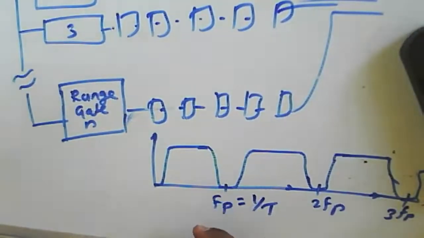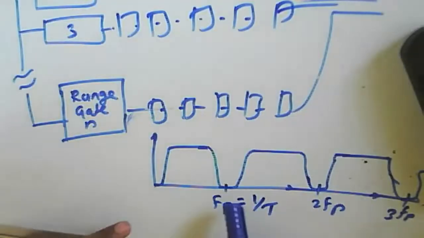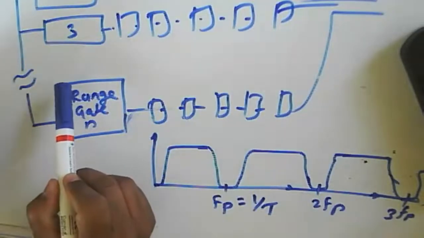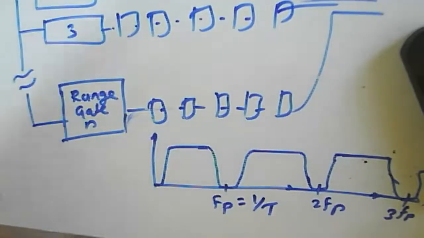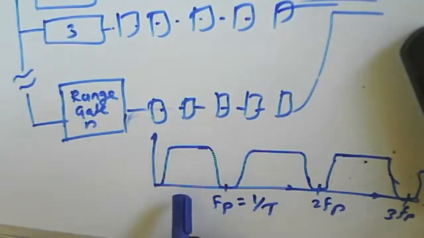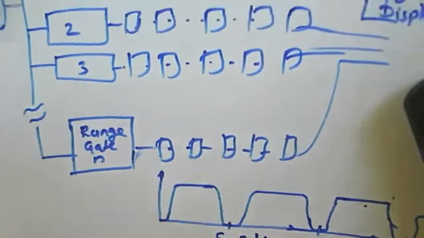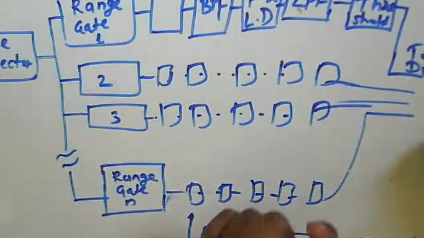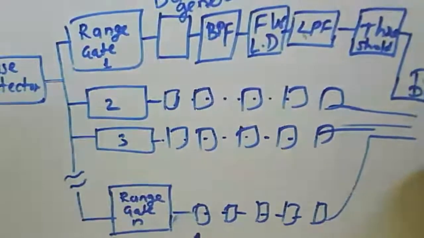This is the frequency response characteristics of an MTI radar that uses a range gate and filters. It is nothing but a shape that is considered for rejecting a given particular frequency and allowing only the given particular frequency. That is the shape of a band pass filter.